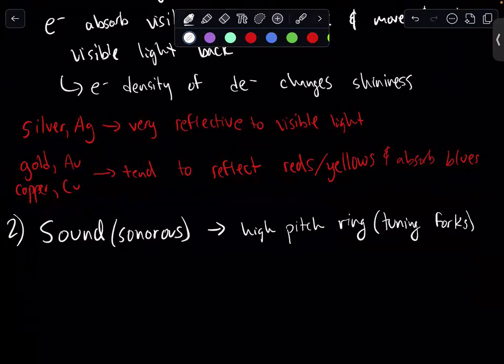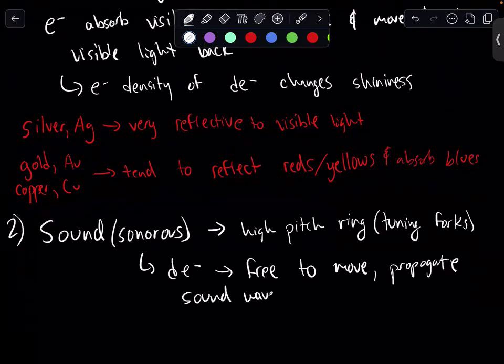And it's because, once again, we have our delocalized electrons. And that's because these are free to move. And what they do when they move is they propagate sound waves through the lattice. So metals propagate sound waves much differently because they have so many free moving particles within them.